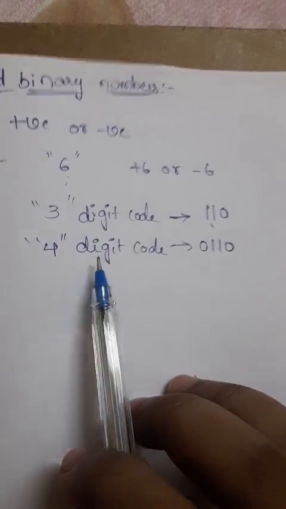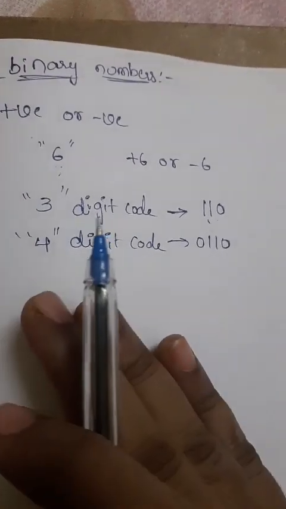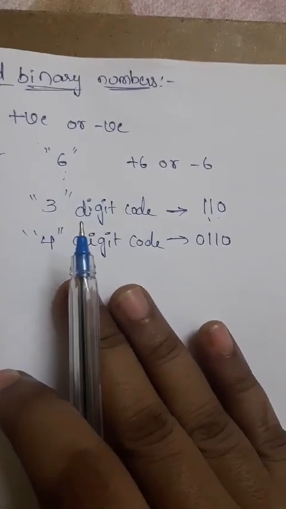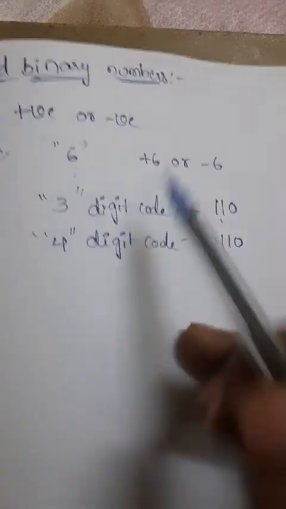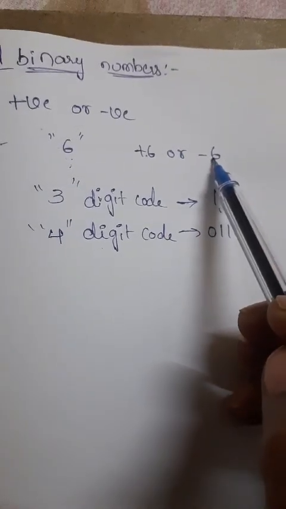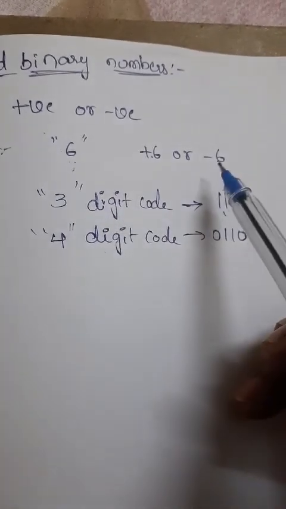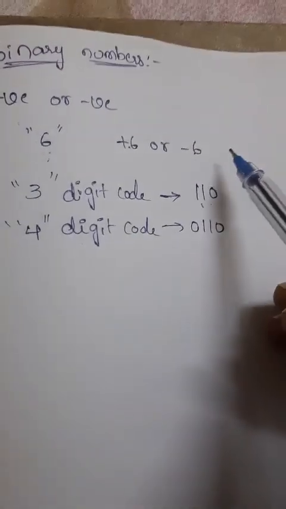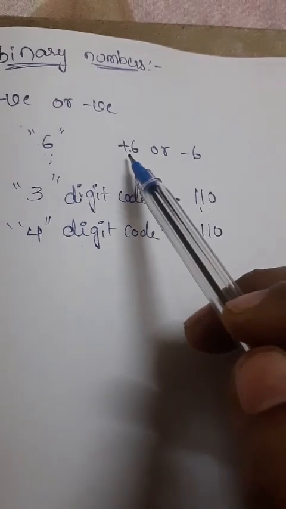So we know how to represent a normal number and a binary number. Here we also need to represent positive and negative numbers.